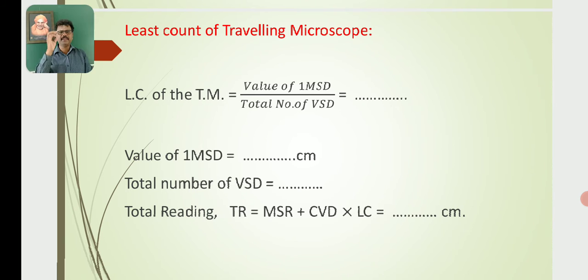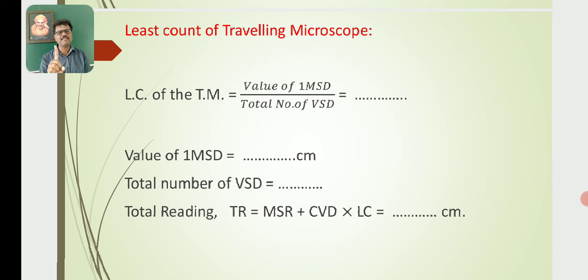Before starting the experiment, we should find the least count of the traveling microscope. The least count of the microscope is equal to the value of 1 MSD divided by the total number of VSD, where the value of 1 main scale division is 1 by 20 centimeter, because 1 centimeter of the main scale consists of 20 divisions.